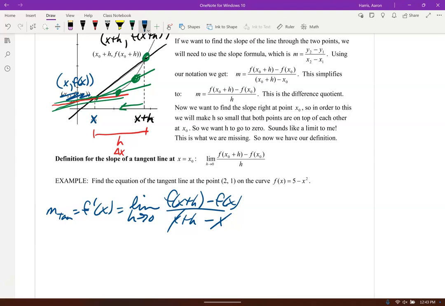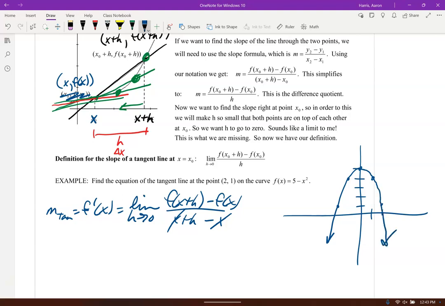All right, so we've got this 5 minus x squared, and we're trying to find, let me give you a picture of this. Okay, here's 5 minus x squared.